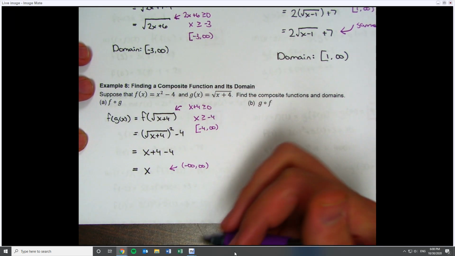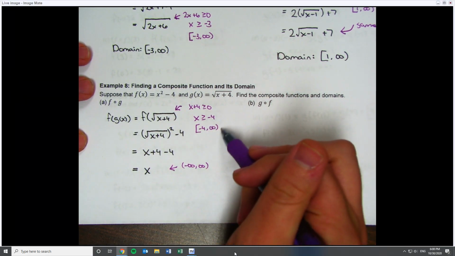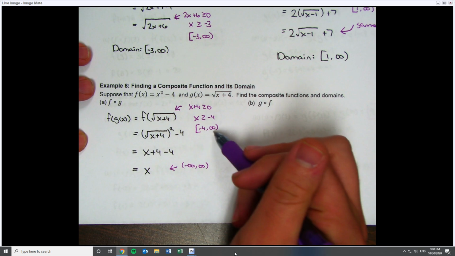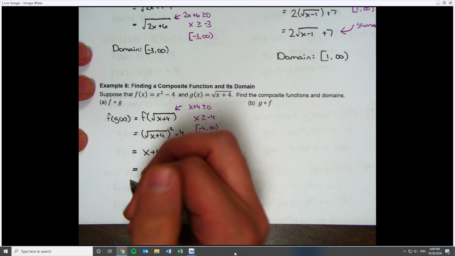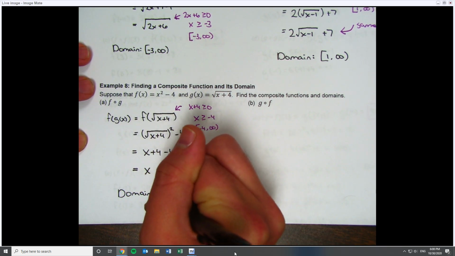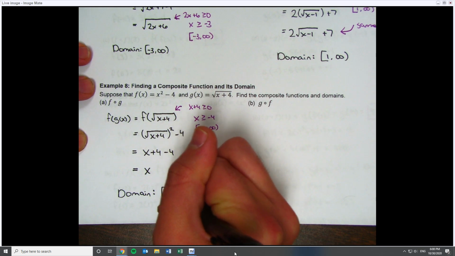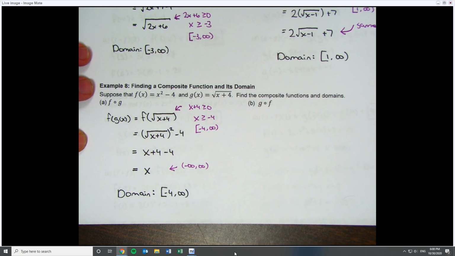The one that is the most restricted, the smallest one, is this one right here. Every single x in here will work, but not every x right here will. So my domain is -4 to infinity. Got it.